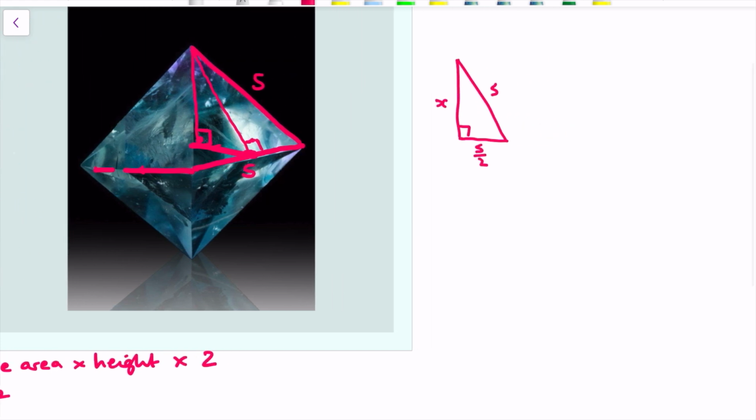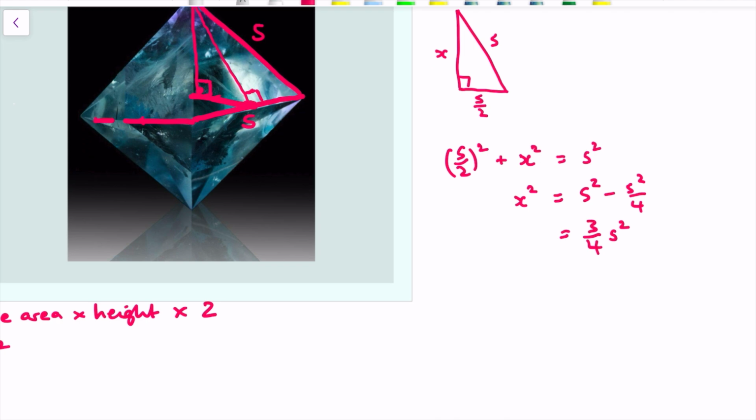Okay, so to do that, s over 2 all squared plus x squared is equal to s squared. X squared is the same as s squared minus s squared over 4, which is 3/4 of s squared.